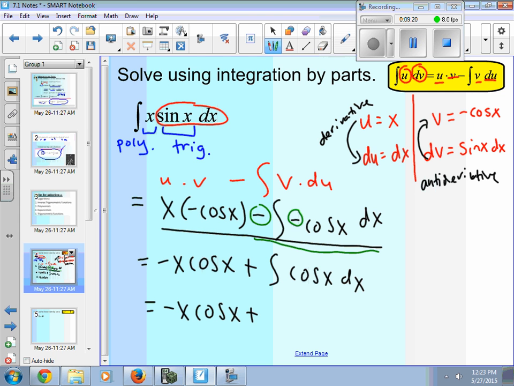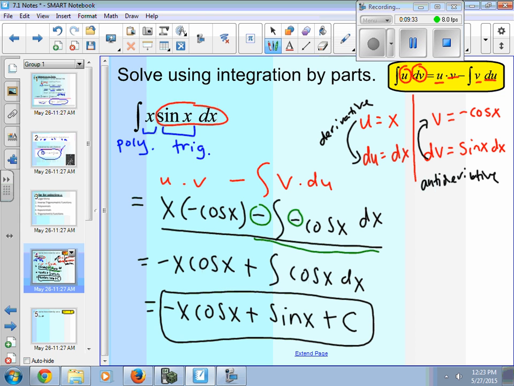Antiderivative of cosine x is sine x. And then this is an indefinite integral. We don't have any limits, so we put plus c. And that right there is the antiderivative of our original problem, x sine x. If you would go through and find the derivative of this bottom answer, it should give us the result of x sine x. That's called integration by parts.